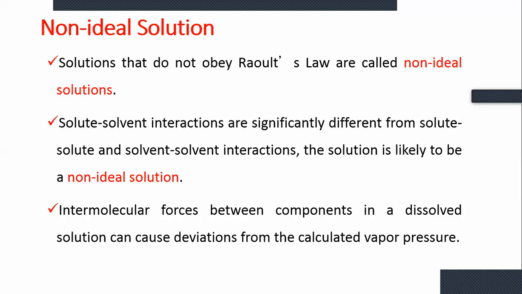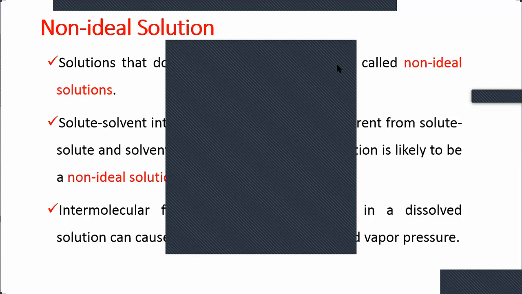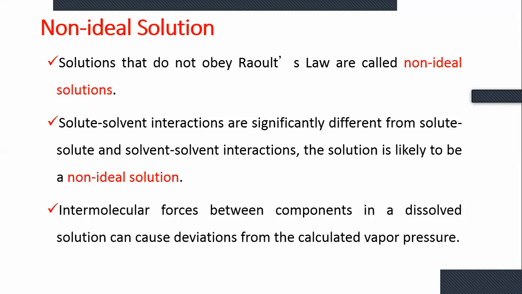Remember when we looked at those blue and red balls, we said that when the solute-solvent interaction is the same as the solute-solute or solvent-solvent interaction, our mixture tends to be an ideal solution.